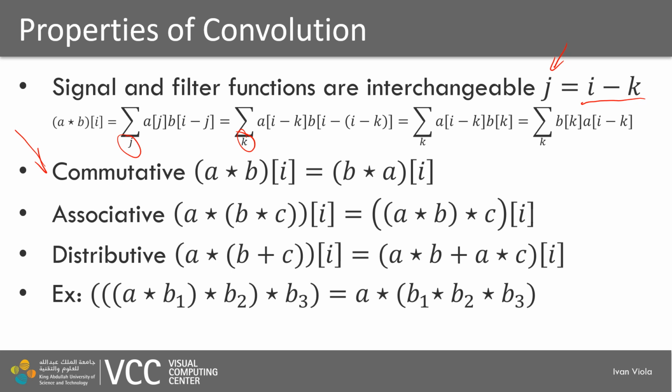While at the beginning we had a_j, a sample from the neighborhood of i, weighted by i minus j, through a certain substitution we see that our sum changes to a representation where we have the iterator k, and b_k as a sample from the neighborhood and i minus k being the filter value.